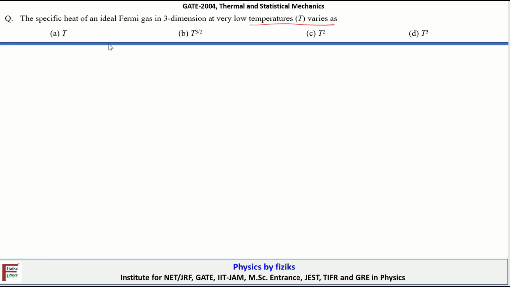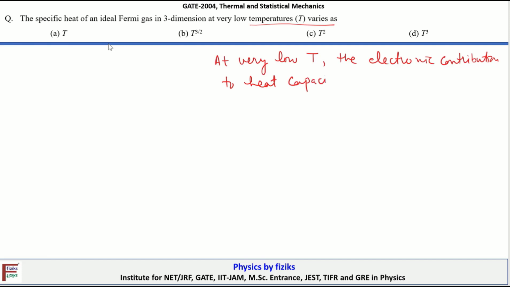So at very low temperature, the electronic contribution to heat capacity is proportional to T only. Okay, so therefore option A is the correct one here.